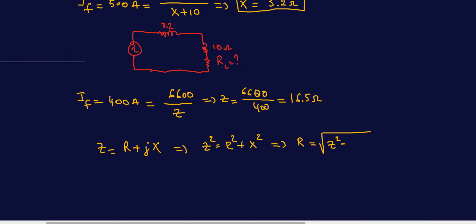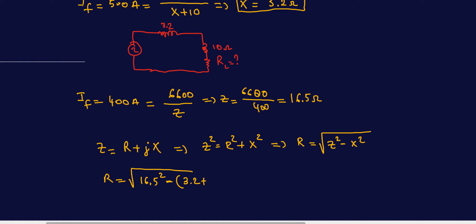So r is then equal to the square root of Z squared, which is 16.5 squared, minus x, which is actually 3.2 plus 10, right?